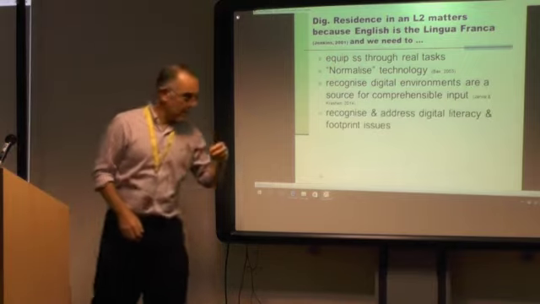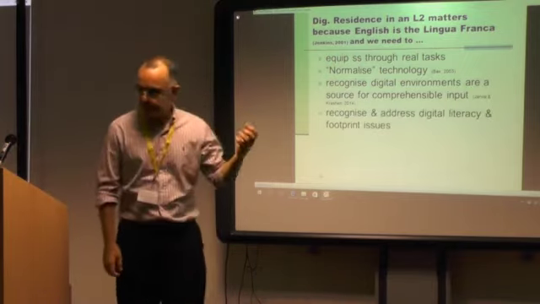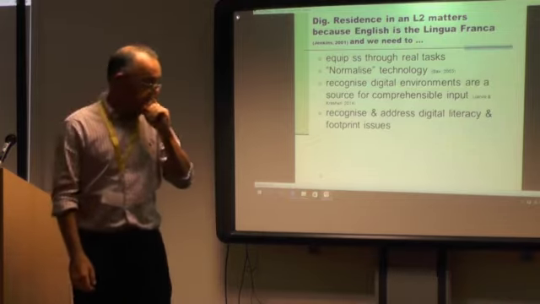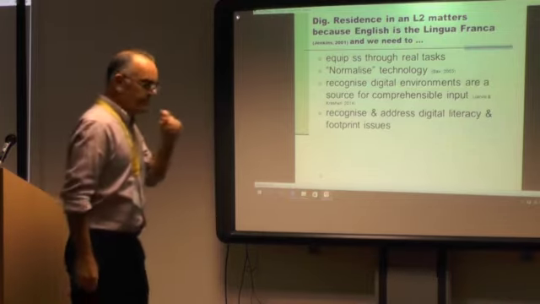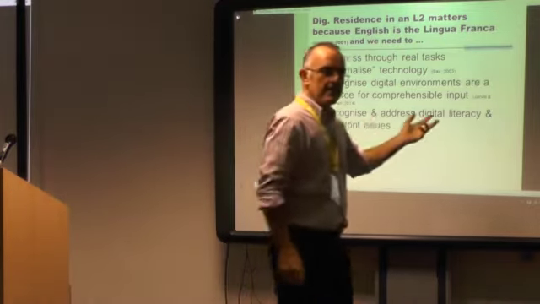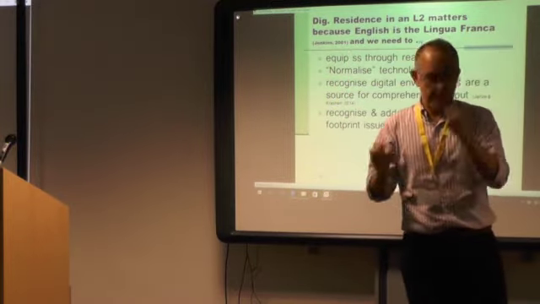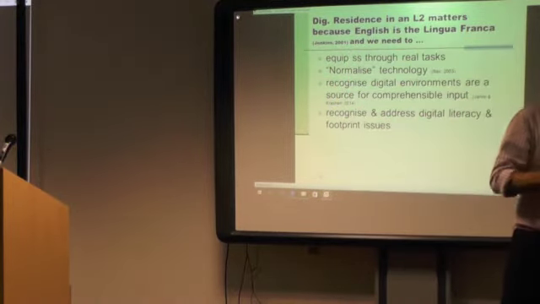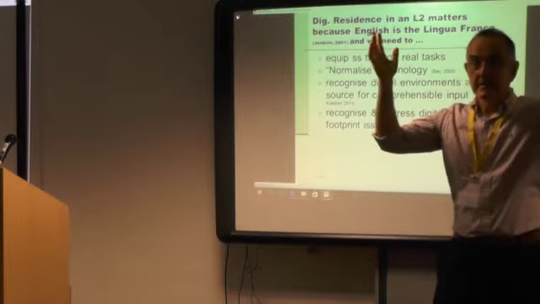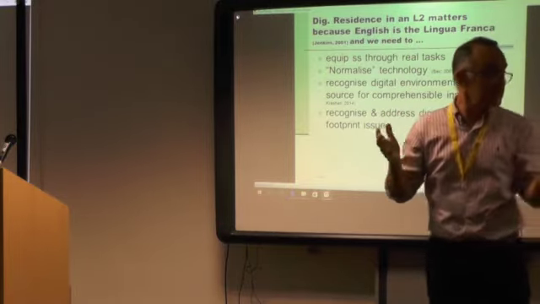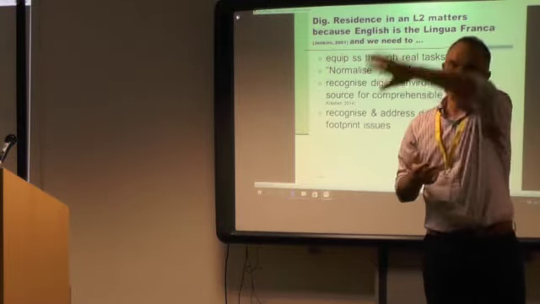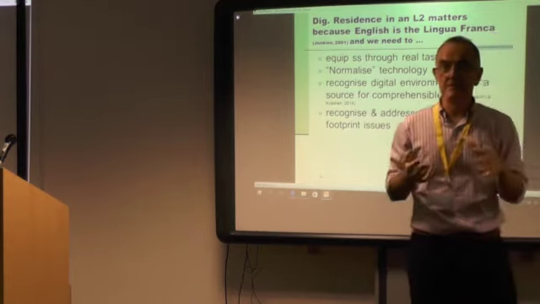And with it comes a whole load of stuff about digital literacy, which has been discussed widely at the event today, and digital footprints. Every time we go online, every time we post a picture on Facebook, every time we tweet a picture, that's out there. Even if we delete that tweet, that picture has gone into the public domain.